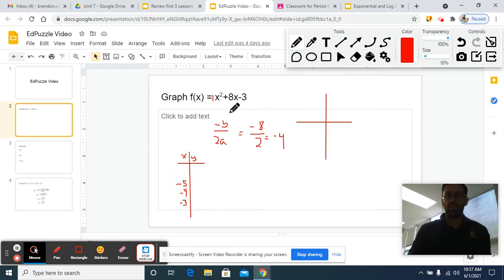So if I plug in negative 4 for x, I get negative 19. And then if I plug in negative 3 and negative 5, I should get the same thing, which is 9 minus 24 is negative 15, negative 18 for these.